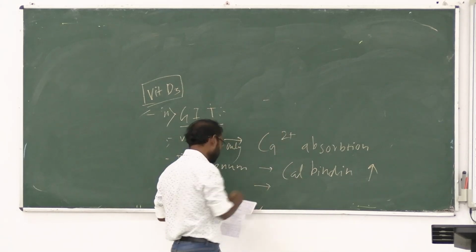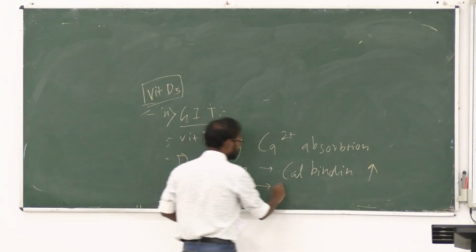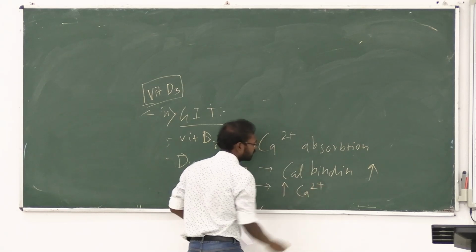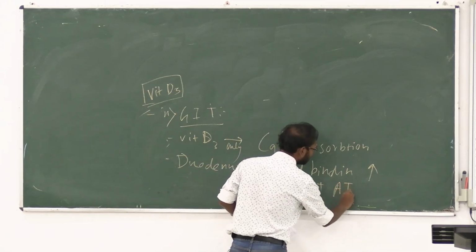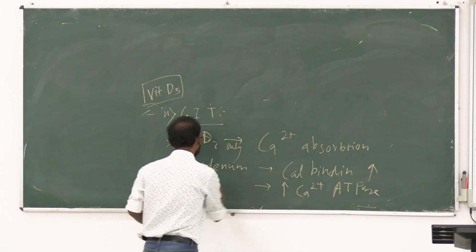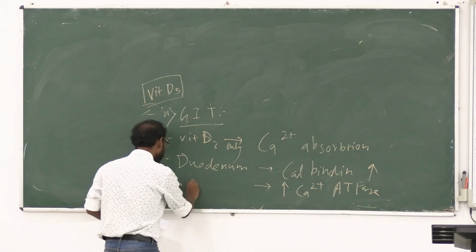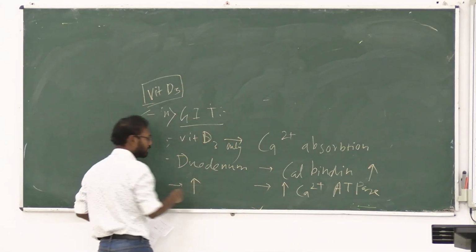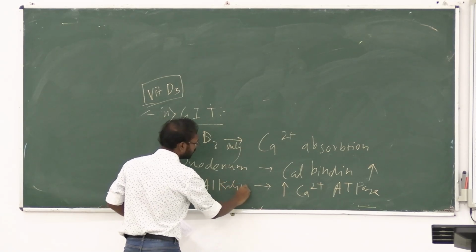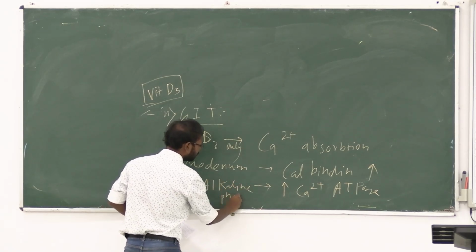Calbindin. Second is increase in calcium ATPase, Ca2+ ATPase. And third is increase in alkaline phosphatase. Alkaline phosphatase.